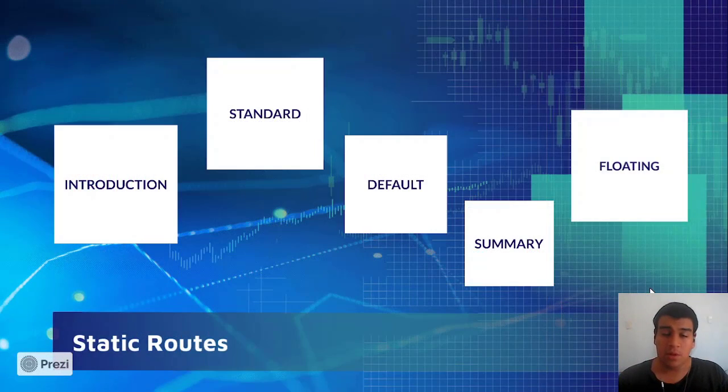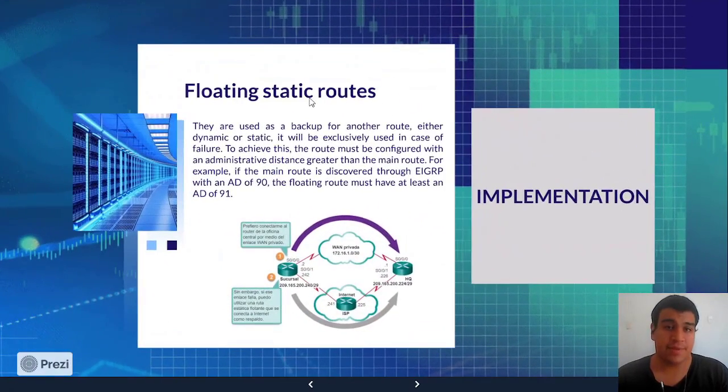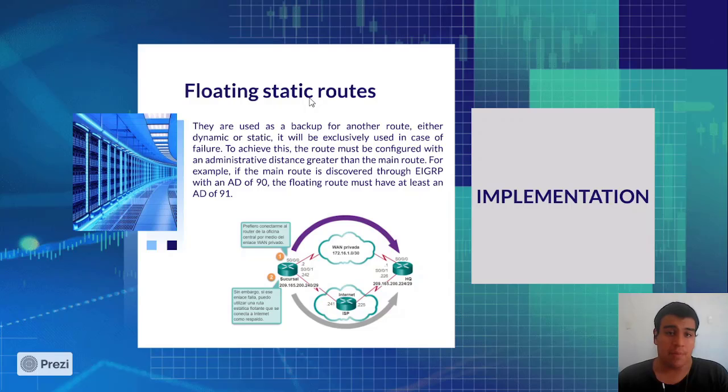So last of all, we have floating static routes. These kinds of static routes are meant to be used as a backup for another route, be it dynamic or static. So it will be used exclusively in case of failure, just as a backup. In order to achieve this, the route must be configured with an administrative distance greater than the main route.